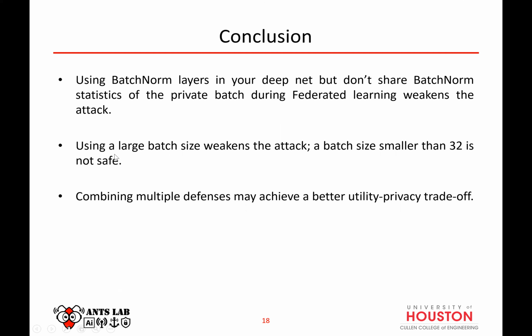The second one is that using a large batch size will weaken the attack. A batch size smaller than 32 is not safe, because when the batch size is larger, more samples in the batch may have the same label. And the third one is that combining multiple defenses may achieve a better utility and privacy trade-off.